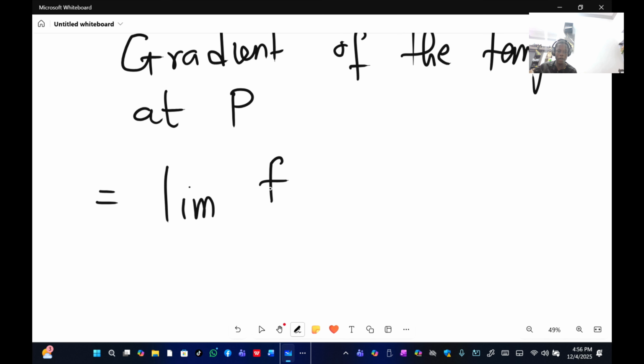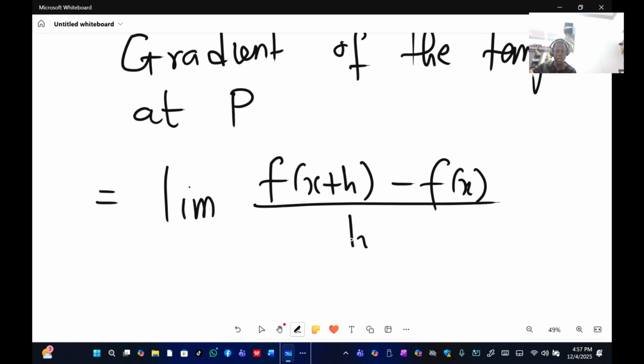So the limit of f of x plus h minus f of x divided by h, which is the small increment, as the small increment approaches zero, meaning when it becomes zero, you have now gotten back to where the x is, and that is where the P is also located.